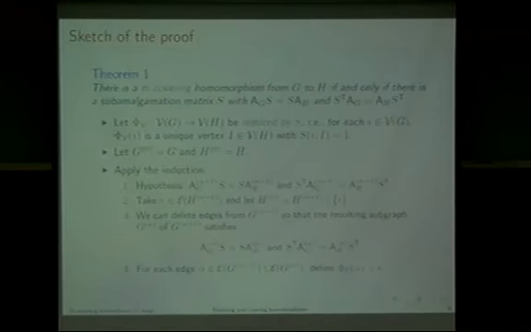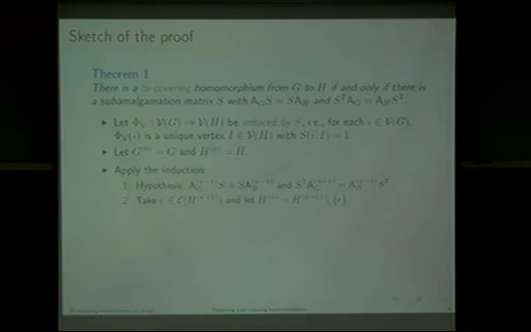Sorry, what is A_{n-1}? Yes, A_{G_{n-1}} is the adjacency matrix of G_{n-1}. So G_0 and H_0 are given, and we have the case of n equal to 1, and these matrices are given.